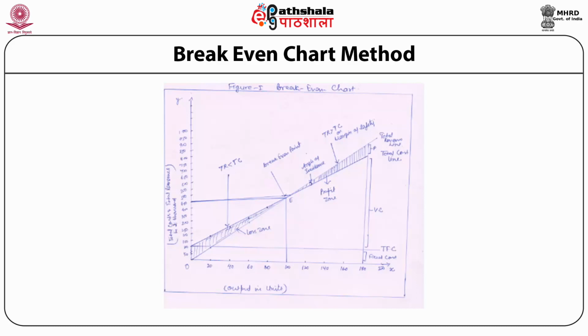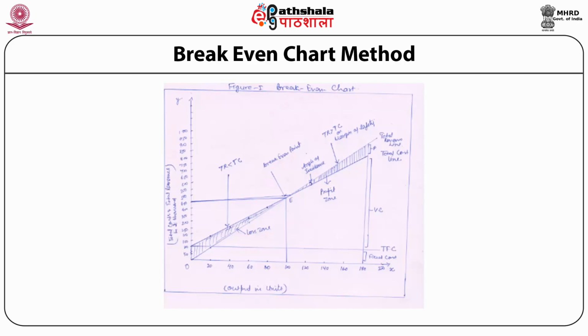First is the total fixed cost, which is horizontal to the x-axis, and it remains constant. Then we have the total cost curve that starts from where the fixed cost starts, and then we have the total sales line. The point where the total sales line intersects the total cost line is the break-even point.